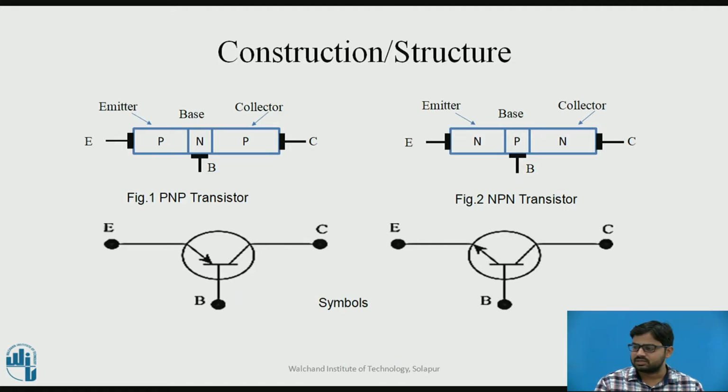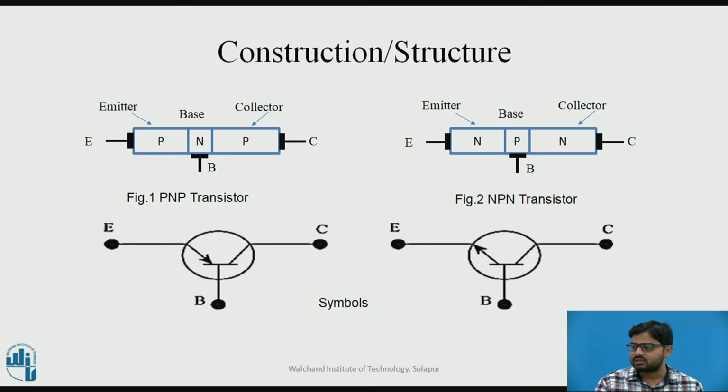This is the construction and structure of the semiconductor transistor. Transistors are of two types: PNP transistors and NPN transistors. In the PNP transistor, an N-type layer is in between two P-type semiconductors.